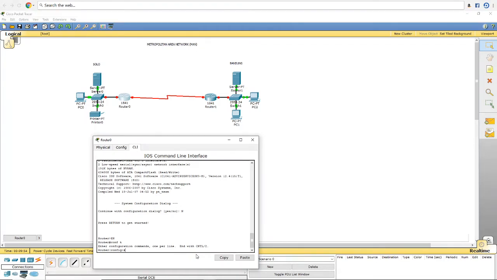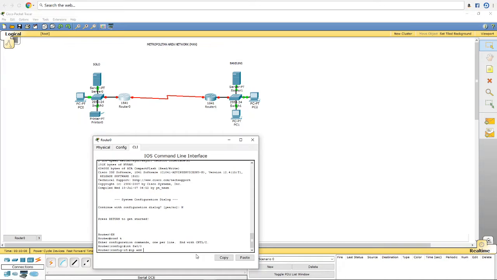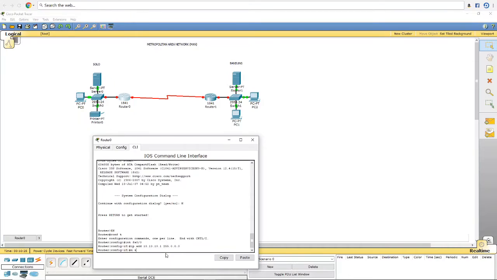I'm using fast Ethernet 0/0, and then IP address. Here, I'm using a class A IP address with the number 10.10.10.1, space, subnet mask. No shutdown.